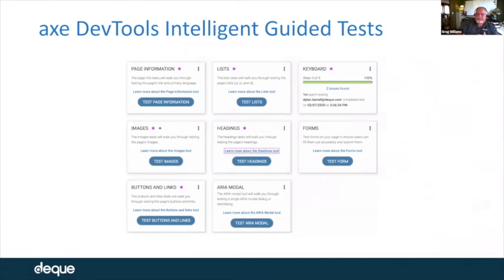But basically what this means is that we're going to give you a set of things to do, a set of things that a relative novice could do. It does not have to be an accessibility expert. In fact, it doesn't have to be a developer. It has to be someone who can follow a set of rules and answer some questions. And through doing that, they're going to be able to help us determine if we have defects that we couldn't determine from automation alone.